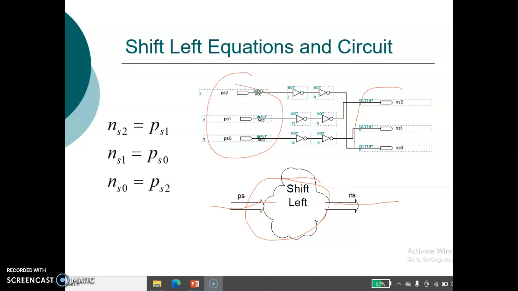This is the output. Here shift left, present state is given through the connection to the next state. PS2 to shift left like this.